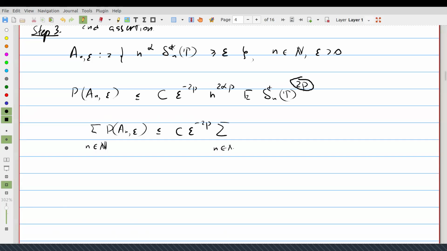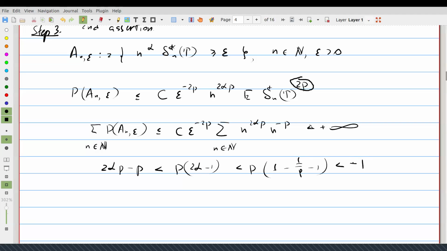And some constant times n to the alpha p, and this is n to the minus p. And here 2 alpha p minus p is less than p times alpha minus 1, which is less than minus 1. So this is a convergent series.